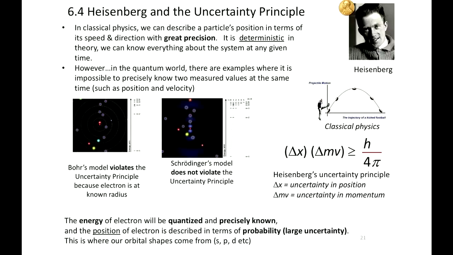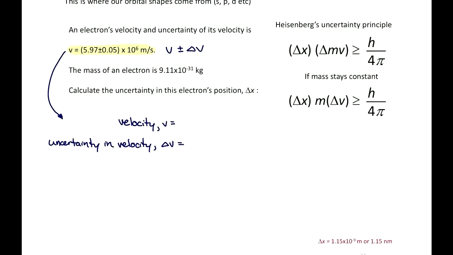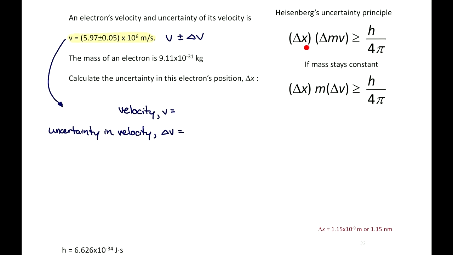And so the last part here, we've got 3 minutes, we can calculate and use Heisenberg's uncertainty principle given some information. So we're just saying delta x is uncertainty in position, delta mv is uncertainty in momentum, and it has to be above some minimum. And this is all a constant. But if mass stays constant, I can actually take mass out.